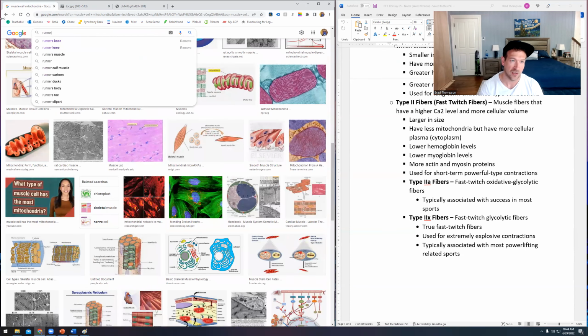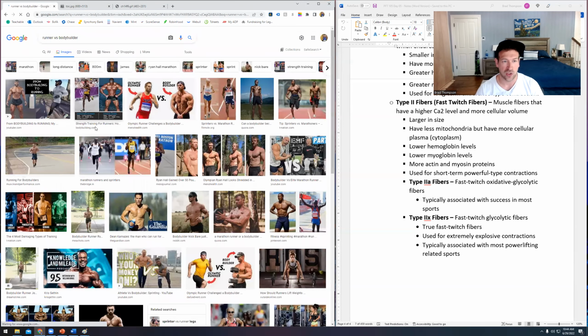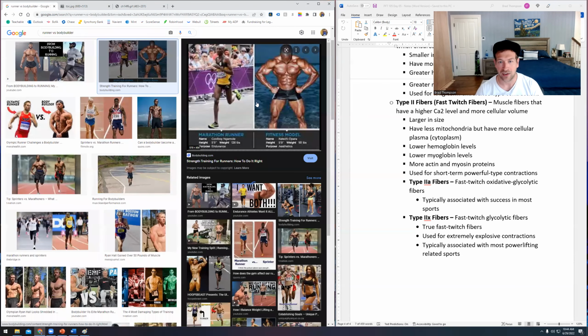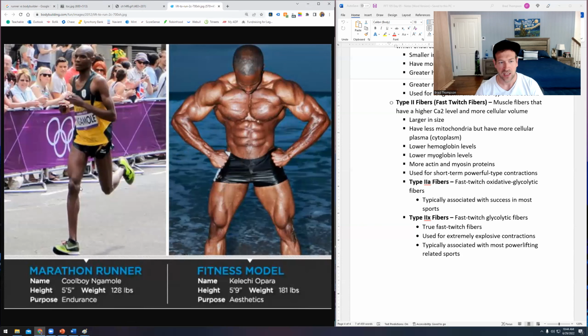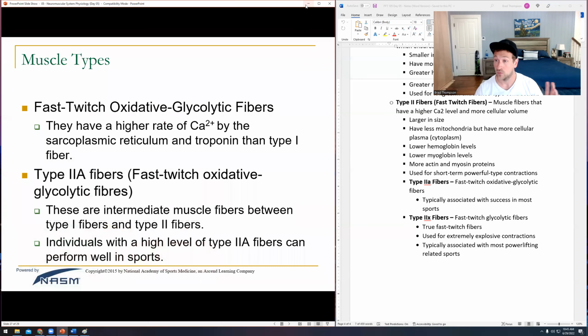I mean, you look at a runner versus a bodybuilder, you look at their body sizes, they're very different looking, right? These very long, lean muscles here, versus these very large, very bulky muscles here. So what you're going to see, the difference between these two, is that one of them is producing energy in the mitochondria. That's our aerobic metabolism, very good for long sustained energy production.